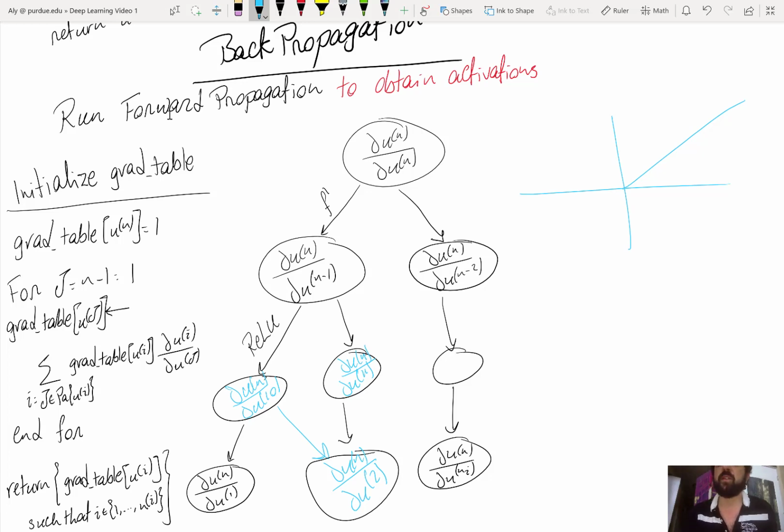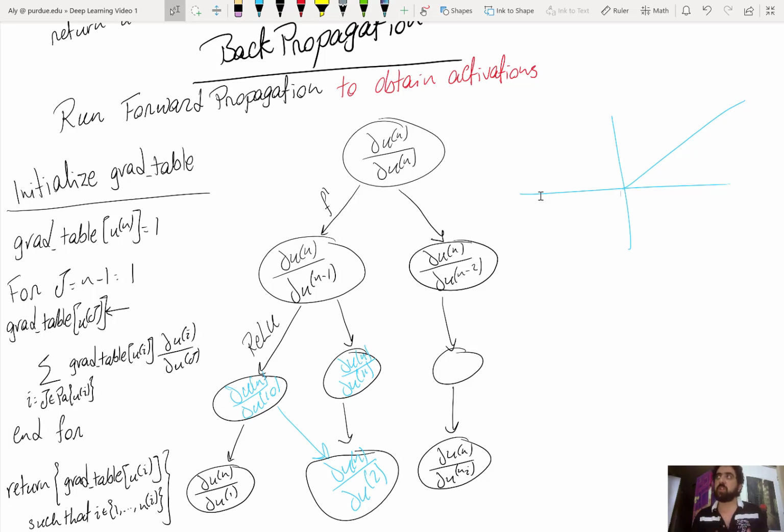For example, this is a ReLU activation. If you're in the active part, the gradient has a certain expression. If you are in the non-active region, the gradient has another expression. So you cannot even compute the backward propagation computational graph without knowing the activation region of the nonlinear activations.